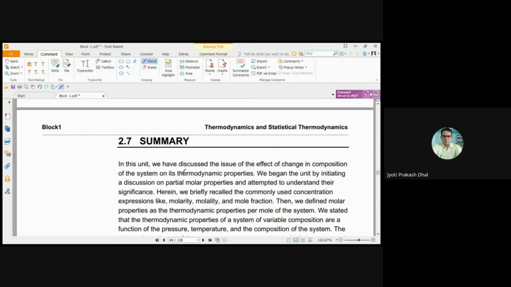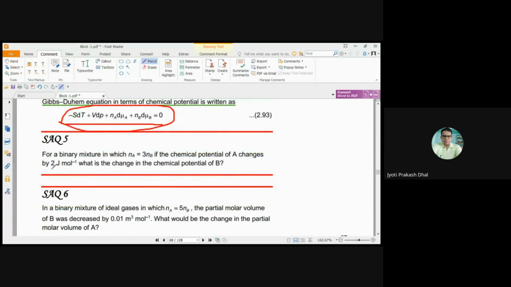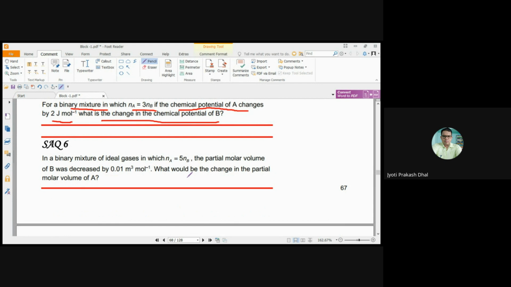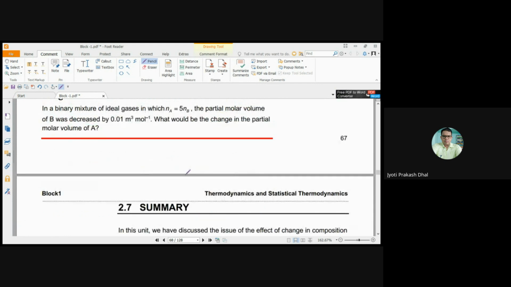Now here there are two questions. The first question is for a binary mixture where Na equals 3 Nb. If the chemical potential of A changes by 2 joule per mole, what is the change in chemical potential of B? This can be solved by putting direct values in the equation.